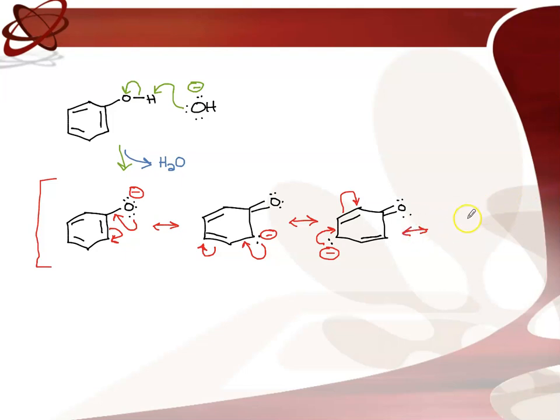And so what's going to turn out to be our 4th and final resonance structure has our double bond here. This has moved into a double bond there. Of course, we still have the double bond over here. And now our lone pair is here.